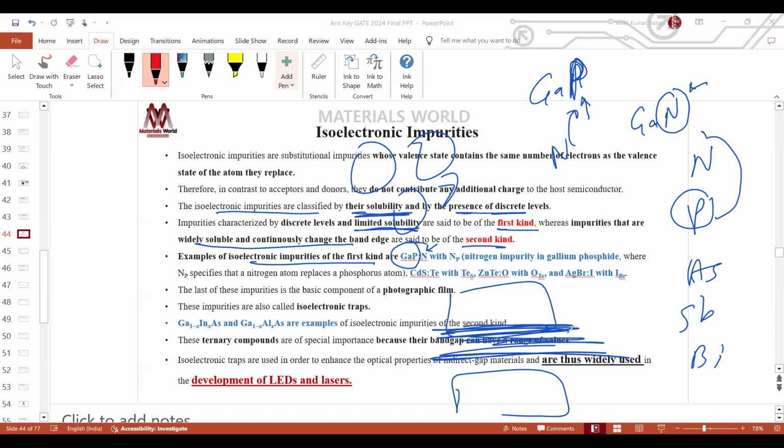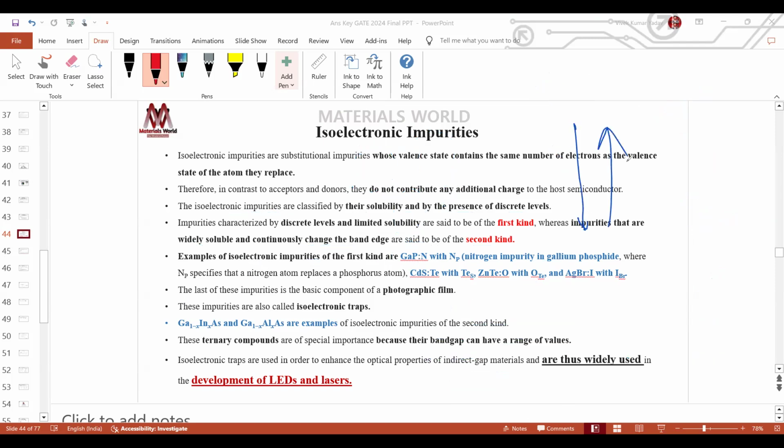That means you're modifying the overall electronic transition, meaning energy, meaning h nu, meaning lambda, meaning the color of the emission.